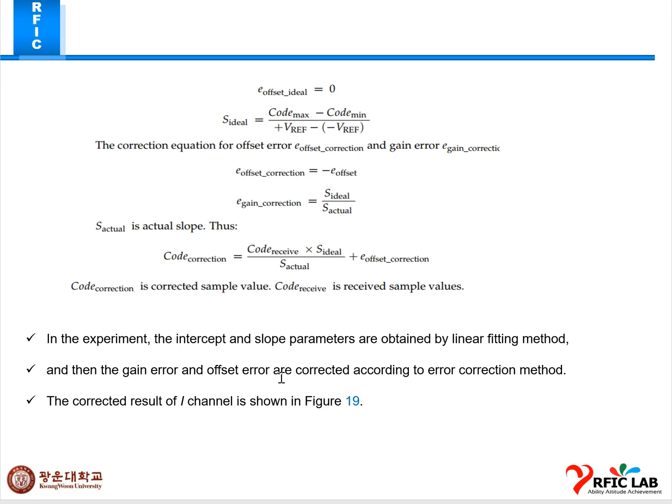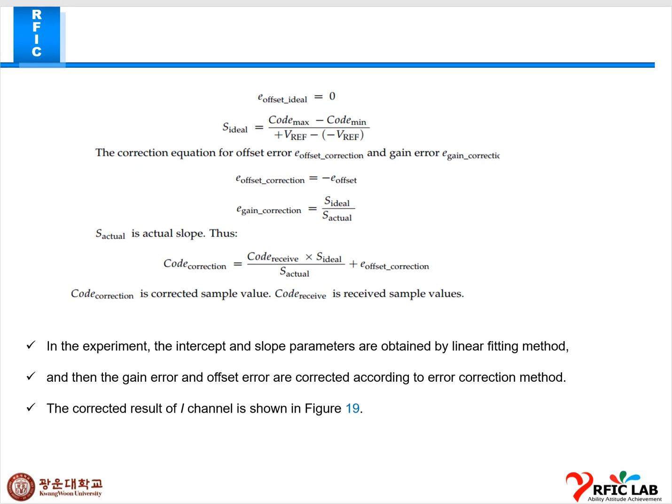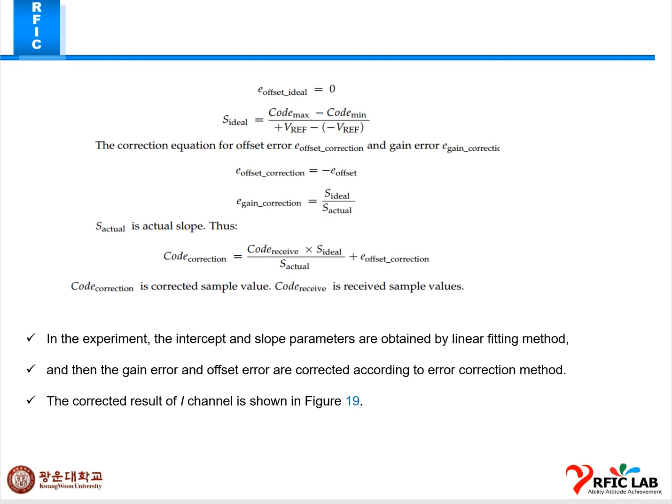After the experiment, the intercept and slope parameters are obtained using the above equations. Using the above equations, you can find the slope parameter, obtained by the linear fitting method, and the gain error and offset error are corrected according to the error correction method.